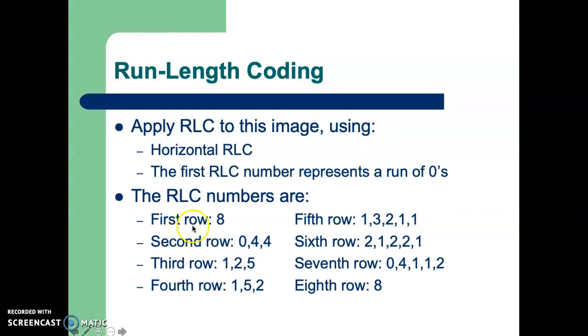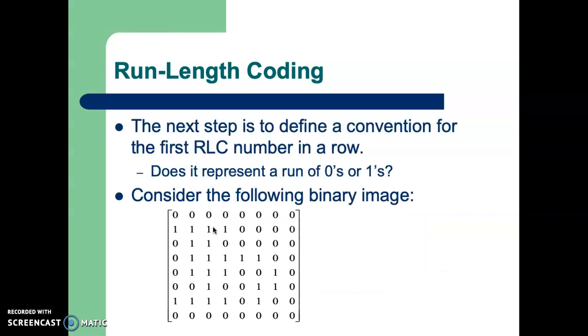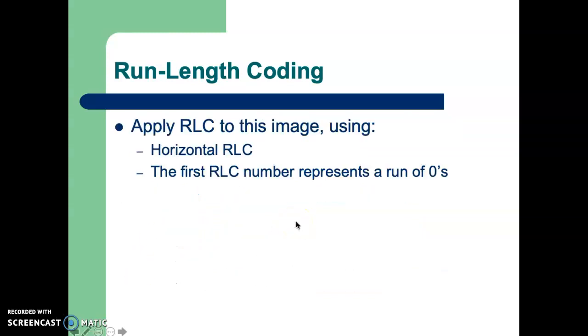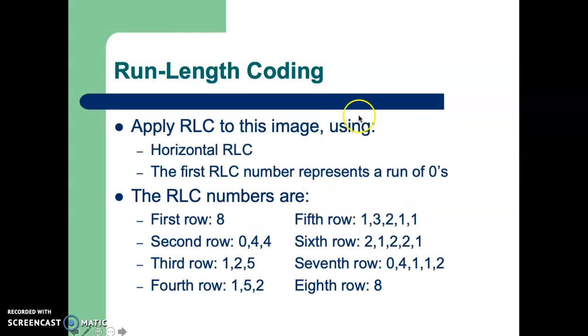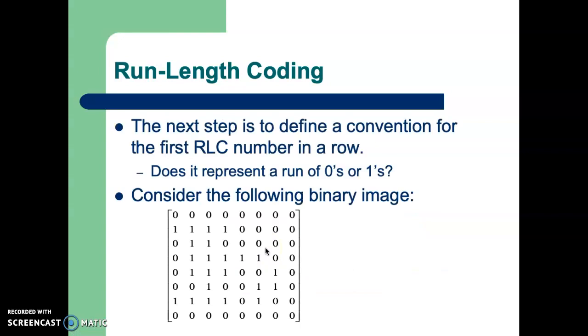As mentioned before, the first row is 8. Next, the second row is 0, 4, 4. How do you get 0, 4, 4? By counting the 0 first. Since the row starts with 1, there is no 0, so you count 0 as 0.